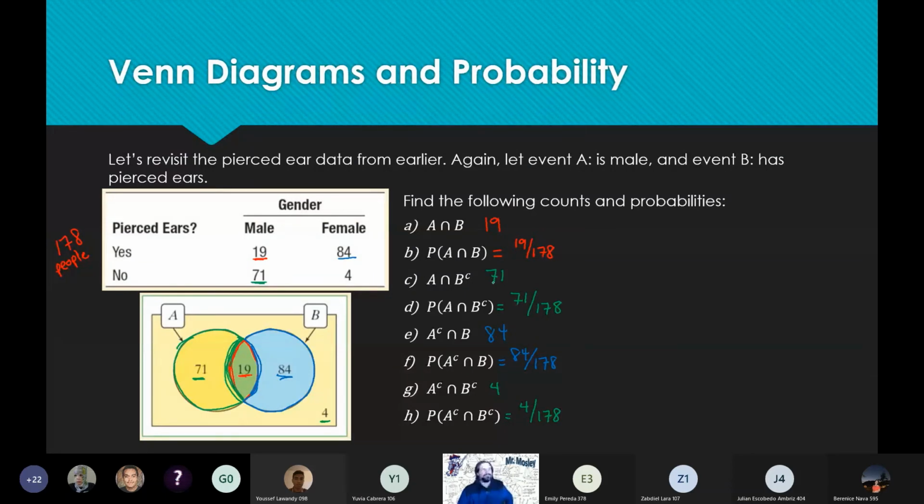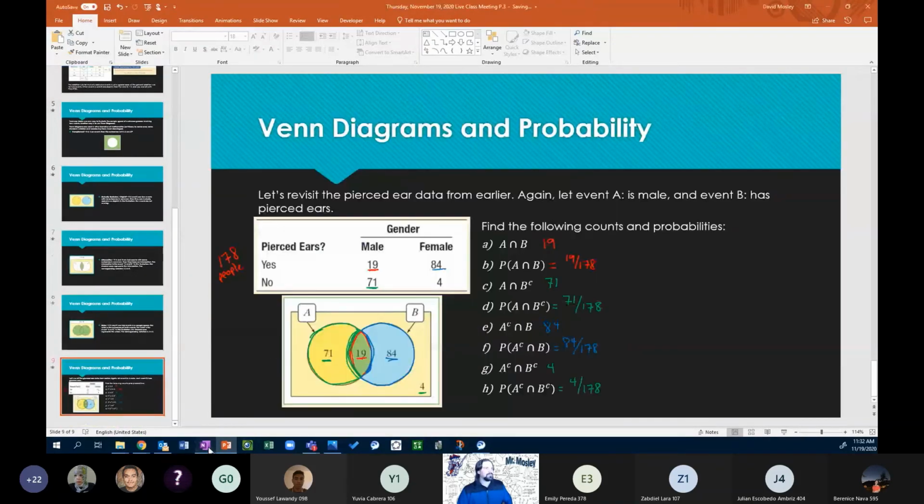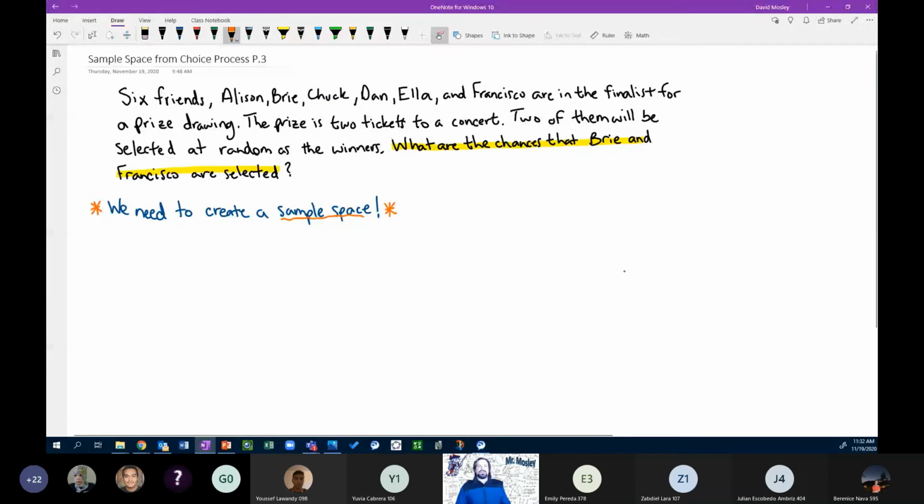All right. So last thing is not on the PowerPoint. We need to do this example because you need to understand this to answer one of the questions on the quiz for this week. In this scenario, we're going to be creating a sample space to represent a choice process.